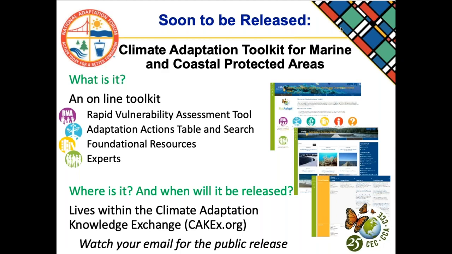And stakeholders were learning from that process that coming up with and deriving adaptation strategies that were specific to their needs was a complicated process that needed a bit more support. And so we continued work to build this toolkit, which has within it a whole assemblage of things to make the whole climate vulnerability assessment, adaptation strategy development, and implementation process more supported for marine and coastal protected areas.